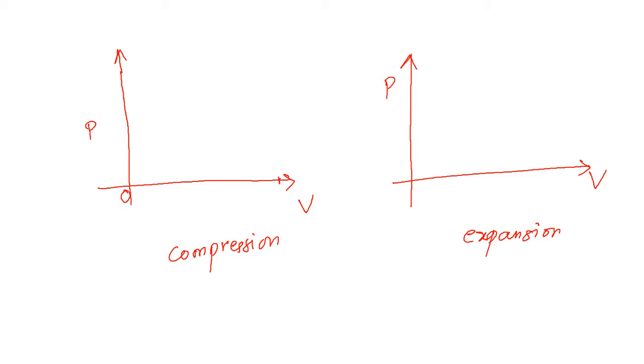This is high volume, this is low volume. Compression means it is moving leftward. Let's consider this starting point. For isobaric, pressure is constant at this point and here also, meaning K equal to 0. As I told in the last slide, K equal to 0 means isobaric, meaning constant pressure.